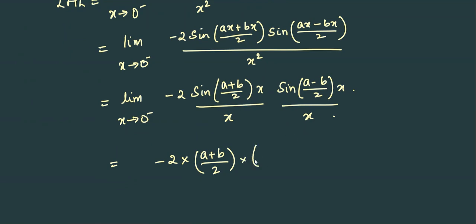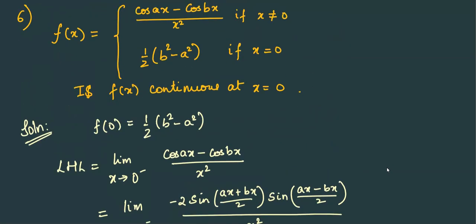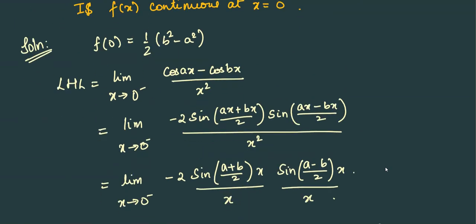Similarly, this sine bx upon x as x tends to 0 is b. So 2 cancels. You get half (a square minus b square) with a minus sign, so you get b square minus a square. Got it?